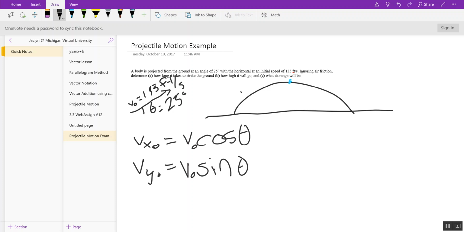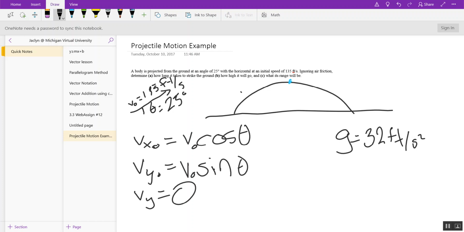The other thing that I know is at the very peak, the y velocity becomes 0 because that's when the projectile starts to fall down. And the last thing that I know is my acceleration due to gravity, and that's a constant. For feet per second squared, that is 32 feet per second squared.